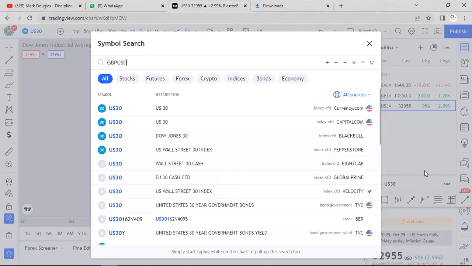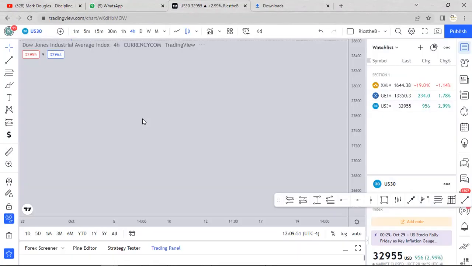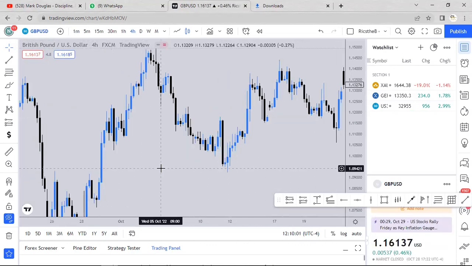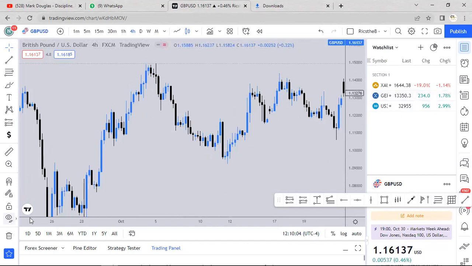So I'll just use currencies to make it easier for you guys to learn. I'm going to use the GBPUSD. I used to trade this a long time ago, but it wasn't my favorite at all. So I'll use this chart, the pound US dollar chart.